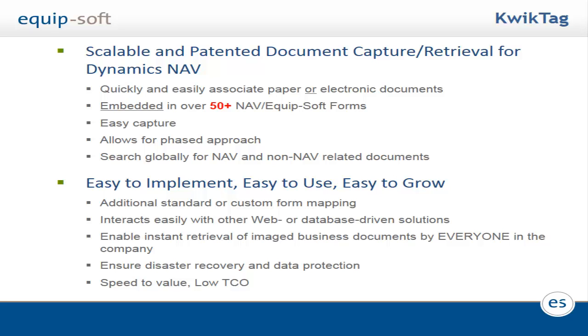Search globally for NAV and non-NAV related documents. So imagine being able to scan it and being able to search for that document, because with OCR reading technology, as you're scanning it, it's actually trying to index the document itself. So imagine being able to type a keyword and being able to find that document, not necessarily knowing what the document's file name is.